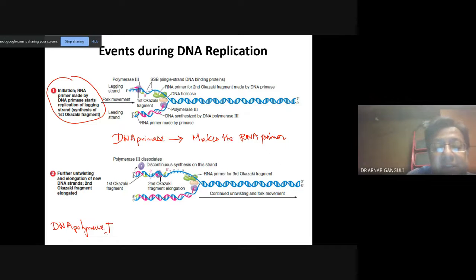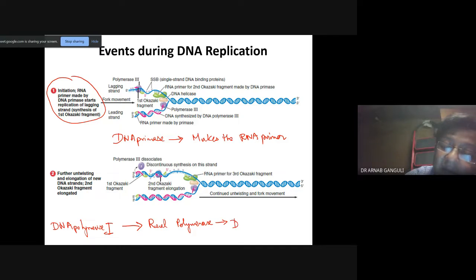But that is a different function. The real polymerase is DNA polymerase 3.